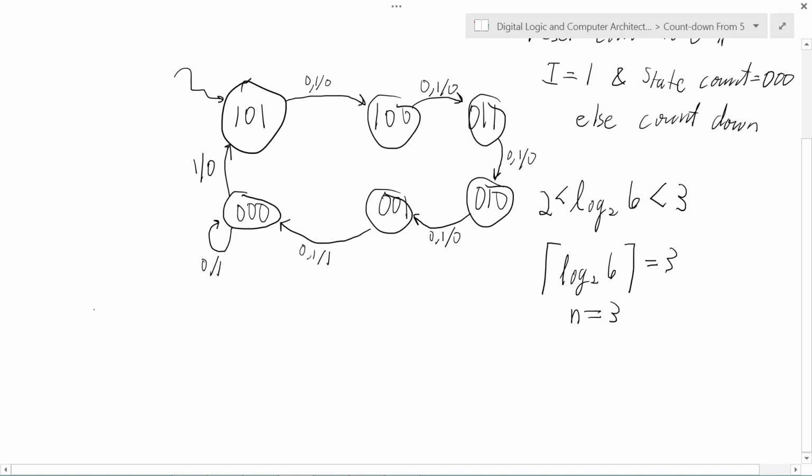Let's draw our state machine truth table. We have an input I, state bit A, state bit B, state bit C. Then we have output O, next state bit A plus, next state bit B plus, next state bit C plus.